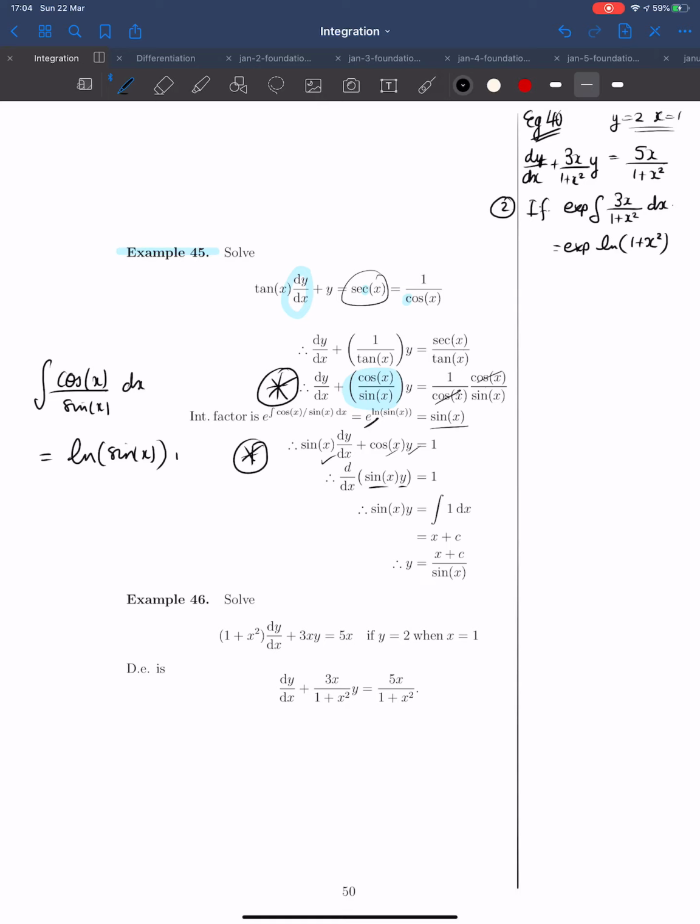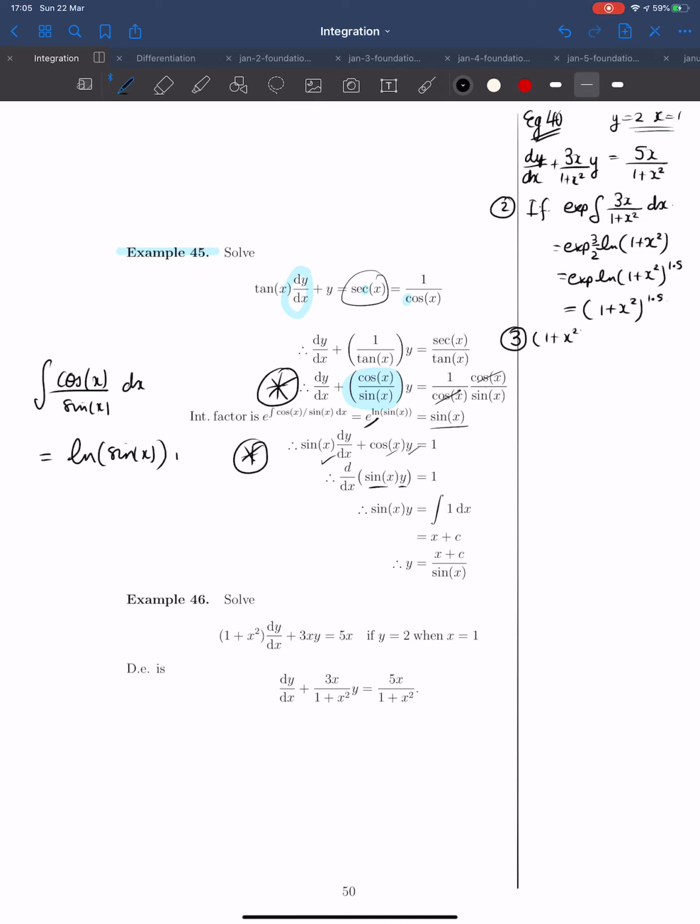But we actually want 3x, so we've got to multiply it by 1.5 there. So it's the exponential of 1.5 log of 1 plus x squared, which is actually 1 plus x squared to the power 1.5. Okay, so that's step 2 done. Step 3, multiply throughout by the integrating factor.